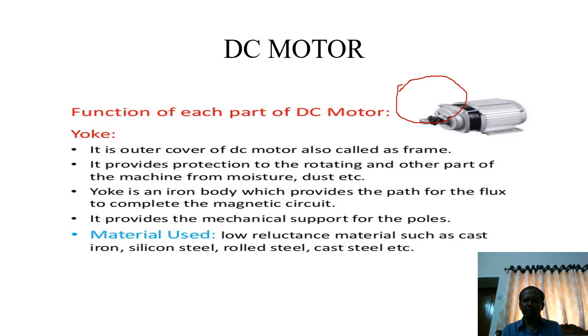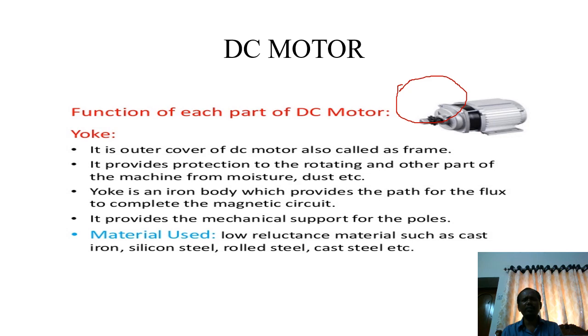It provides protection to the rotating part and other parts of the machine from moisture and dust, whether the machine is kept for industrial or domestic use. The outer frame is most protective against moisture and dust. If we do not provide this, damage can happen and the machine will not have a long life.